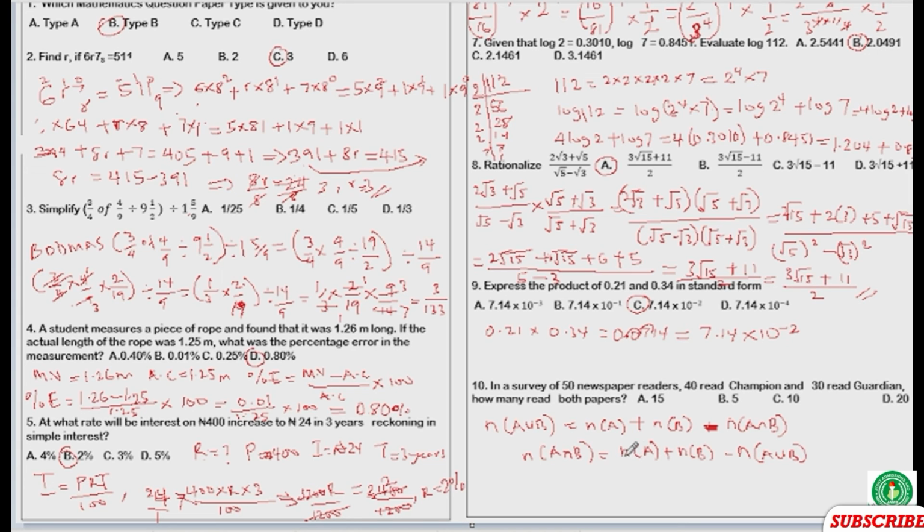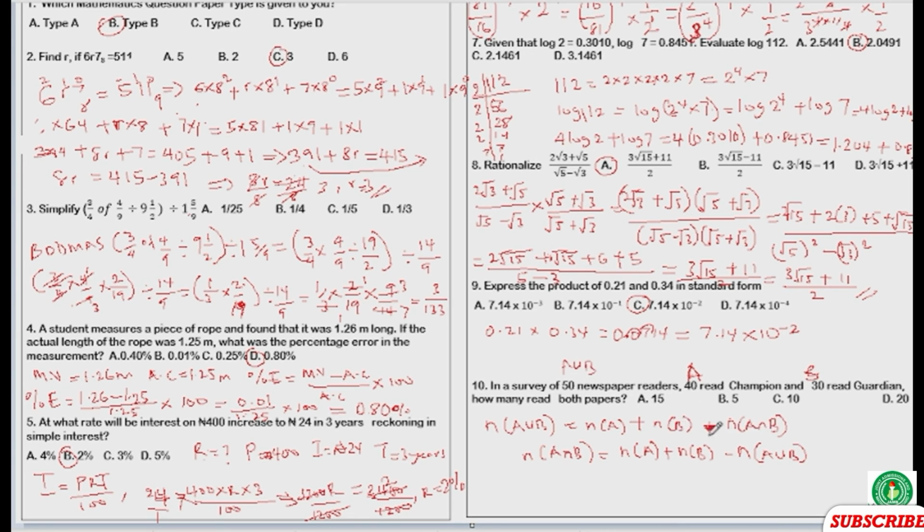Now what's the number of A? This is our A, the number of people that read Champion, and this we can use as our B. The union of the two should be 50, the total of everyone here.